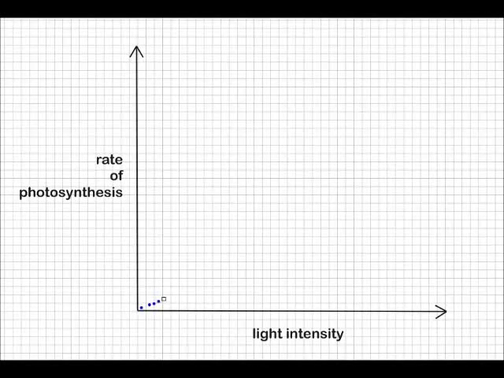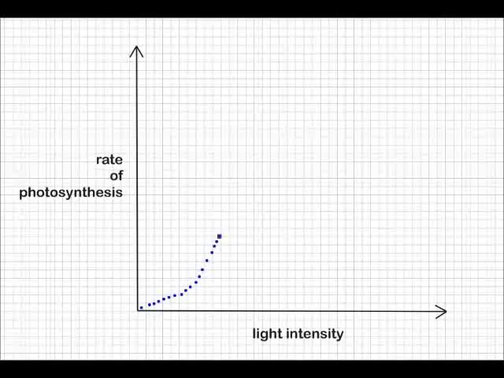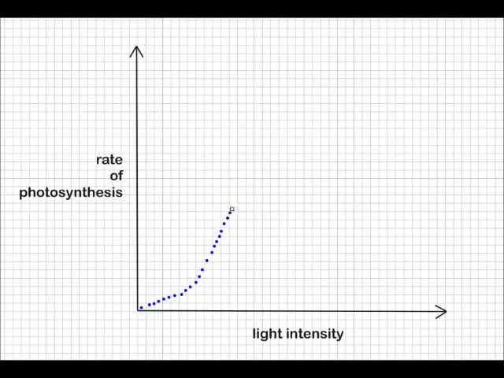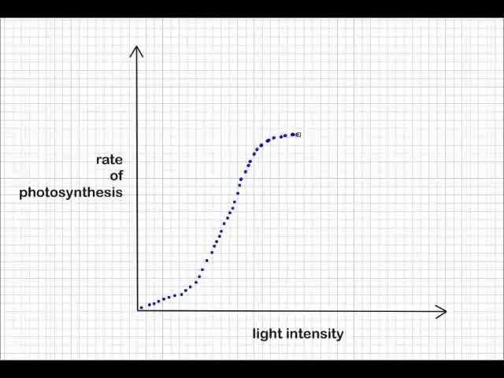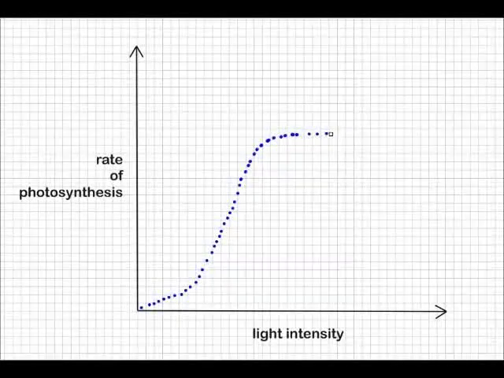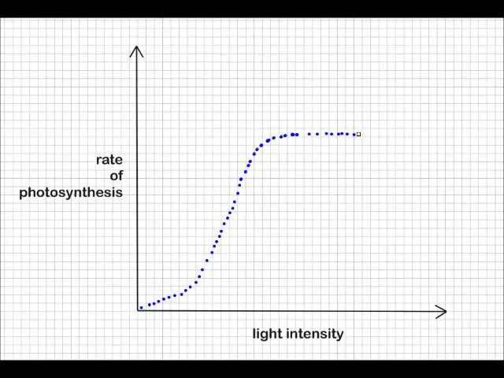So starting down at the bottom, light intensity, bit of a lag, and then our plant will start to photosynthesize, and the rate speeds up quite quickly with increasing light intensity, and then of course it's going to tail off somewhere over here. Nothing to do with light being a limiting factor because light intensity is still rising, but what would be the limiting factor here? Yes, of course, it's carbon dioxide concentration.